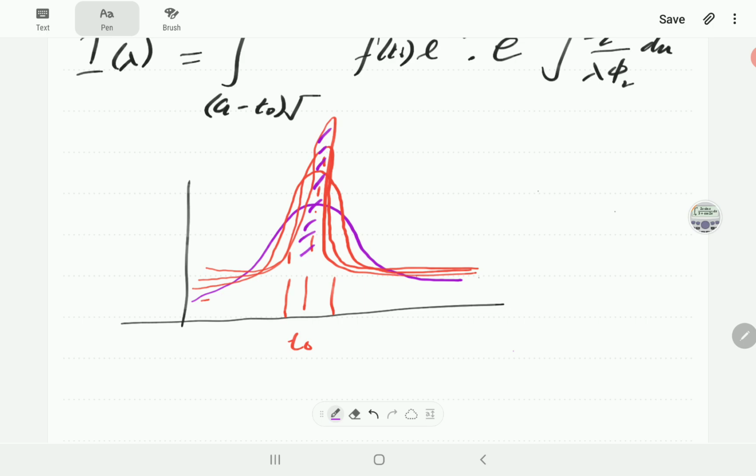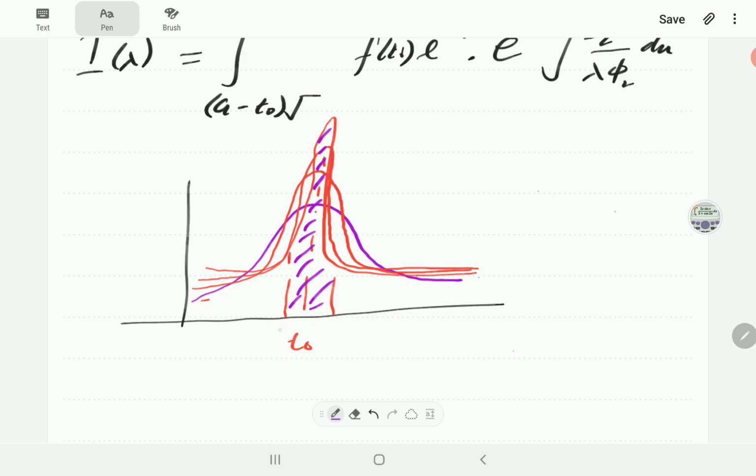So at the end of the day, just this region next to t naught is going to be important, while the rest, compared to that, is going to be like going to zero, if you like.